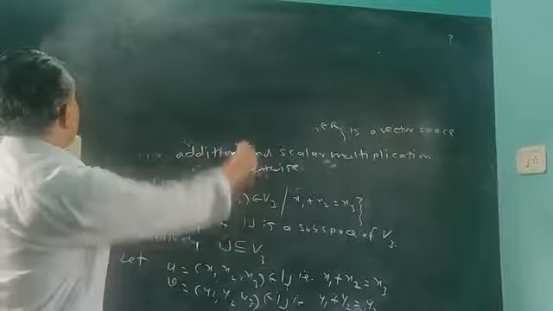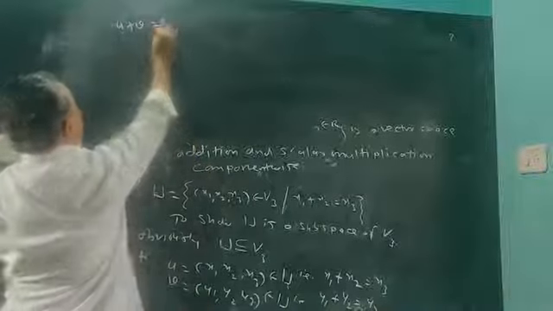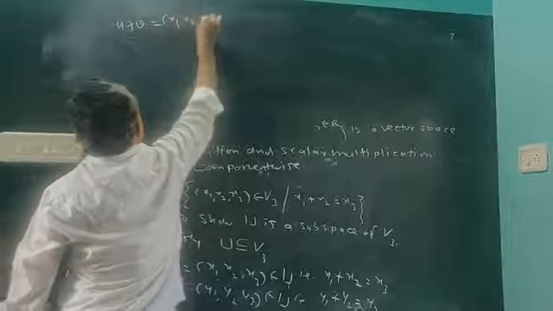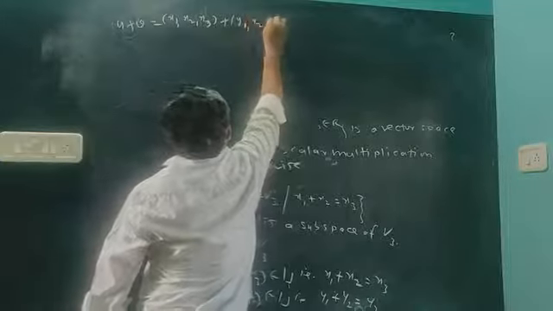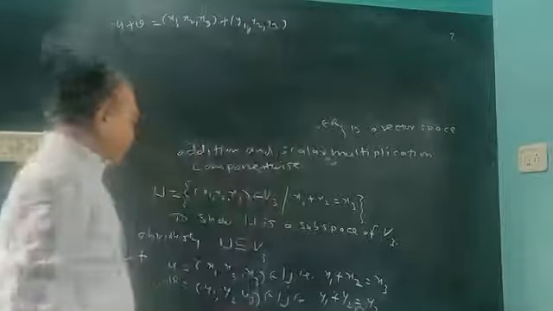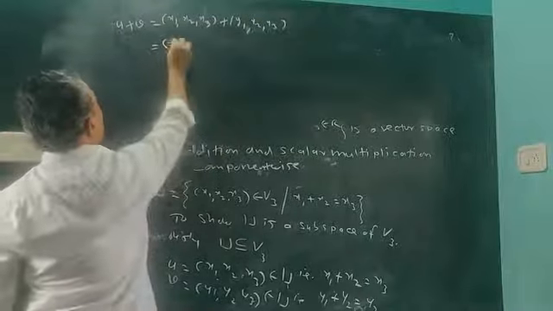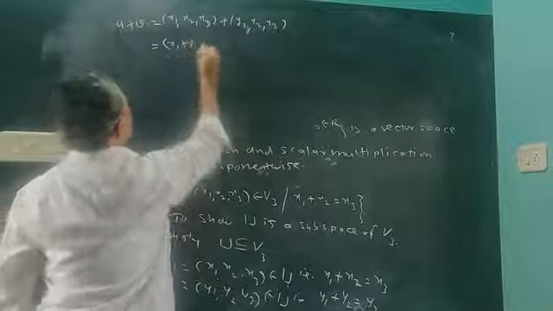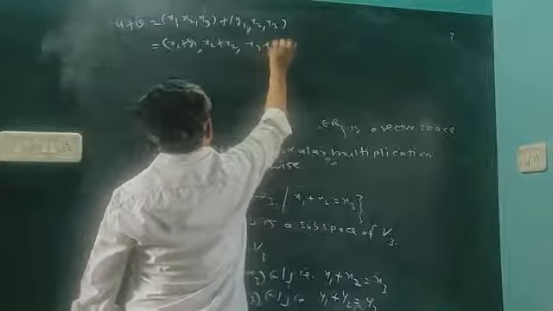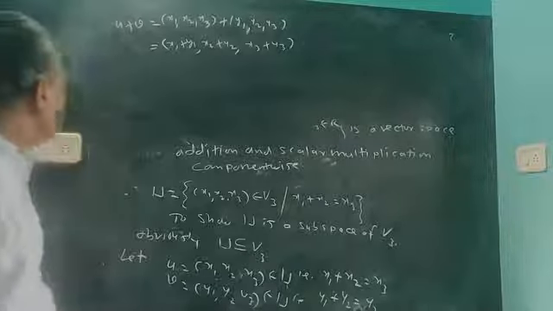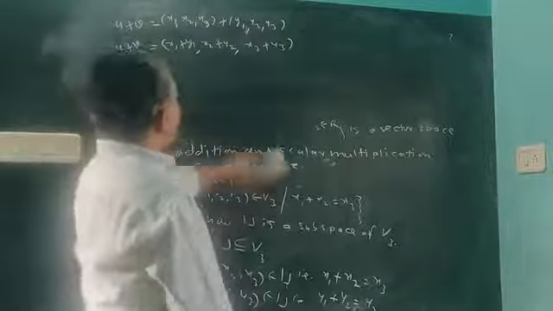Now check addition. So U plus V means x1, x2, x3 plus y1, y2, y3. Addition is component wise, therefore x1 plus y1, x2 plus y2, x3 plus y3 is U plus V. Now check whether this belongs to U or not.